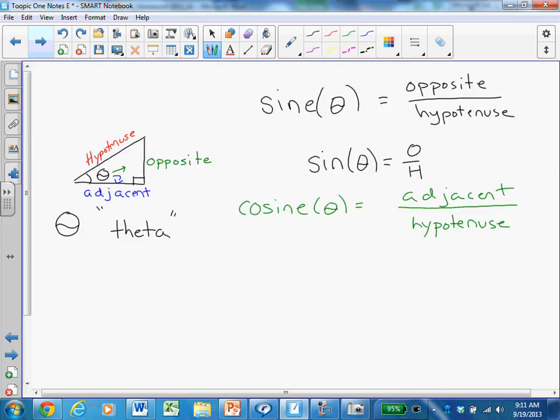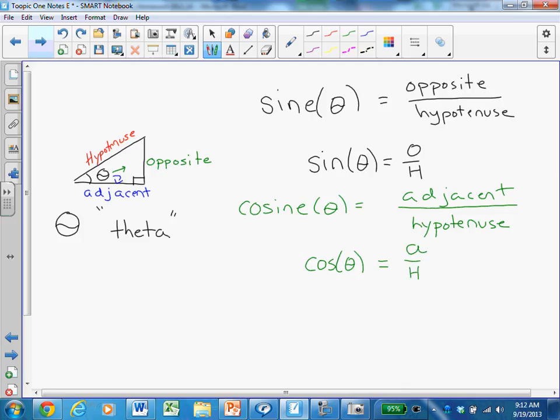And when you say that, it gives you the ratio of the opposite over the hypotenuse. Okay? So it's not multiplied. It's like one thing. Cosine theta is A over H, abbreviated.